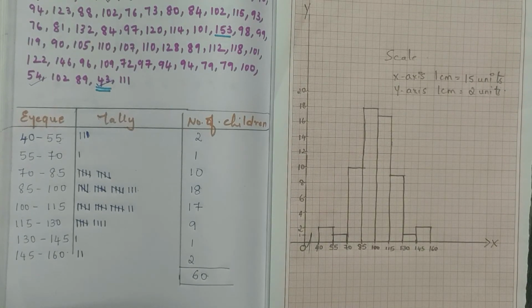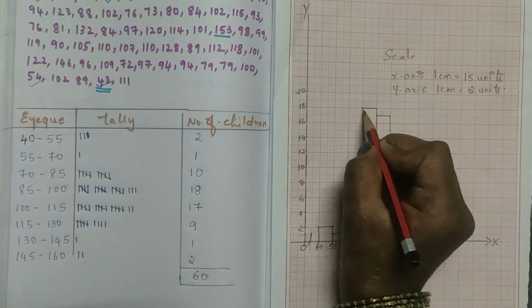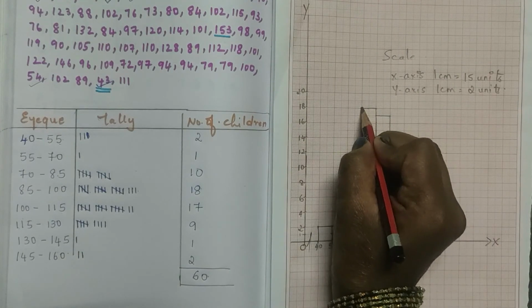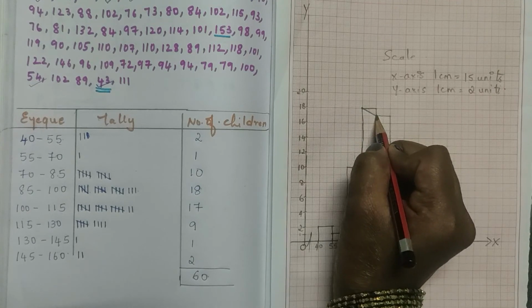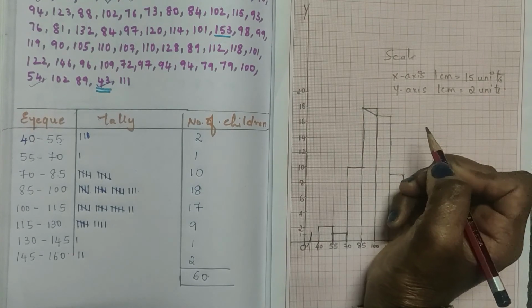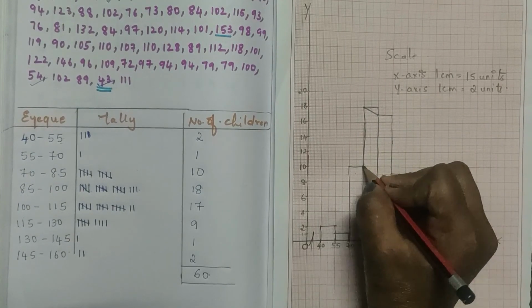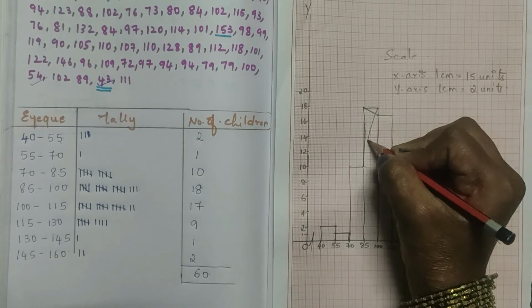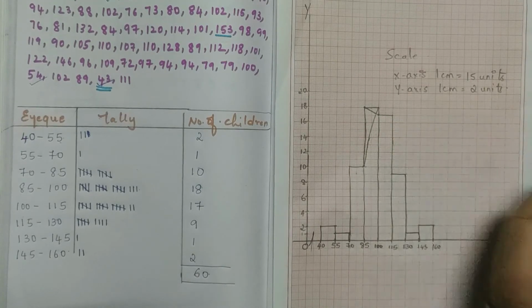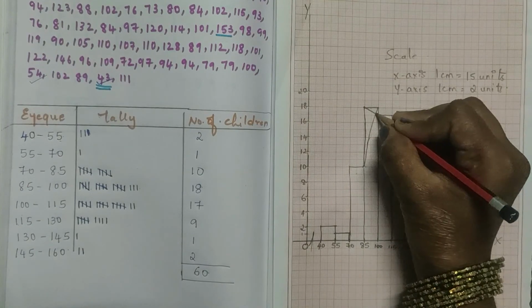Now you have to locate your mode in this. You have to see which is the tallest bar. So the tallest bar is here. Now you have to draw a line from this end to the right side bar's starting end point. Then from this end point to this bar's ending point. So you have to draw a line like this. And the intersecting point of both these lines is over here.